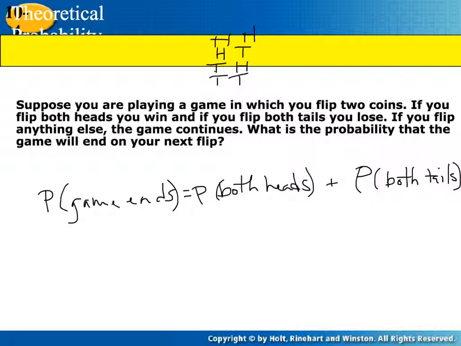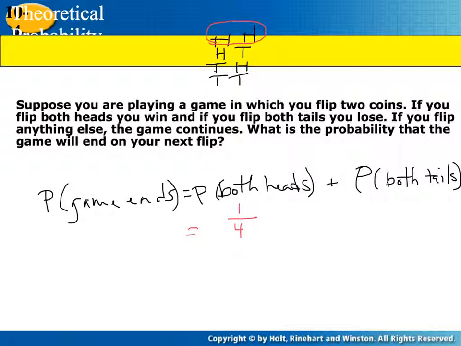Remember, this is the total number. Both of them are heads. Well, as I look up top, I have 1 out of 4 that have both heads as my fraction. I am going to add that because I'm figuring out either I'm going to win or I'm going to lose. One or the other will occur.